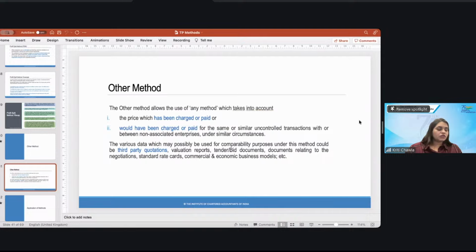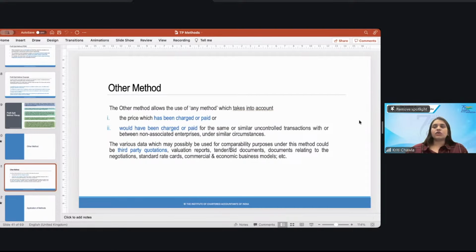So for the purposes of the other method, what we use are third party quotations. We use tenders or bid documents. We use valuation reports. We use negotiation documents, etc. And we try to justify to the tax authorities that if the transaction was undertaken between independent parties in comparable situations, this is the price that would have been charged between them.